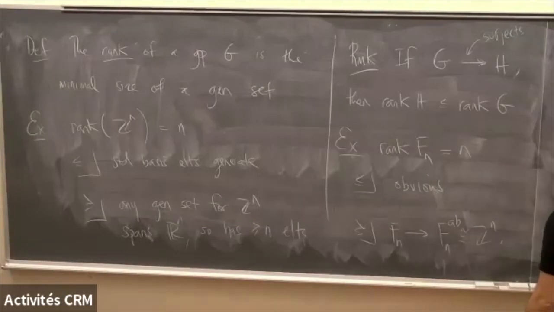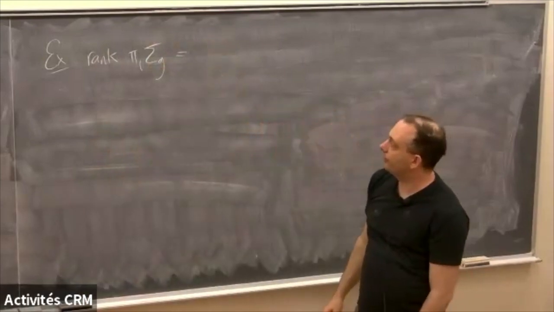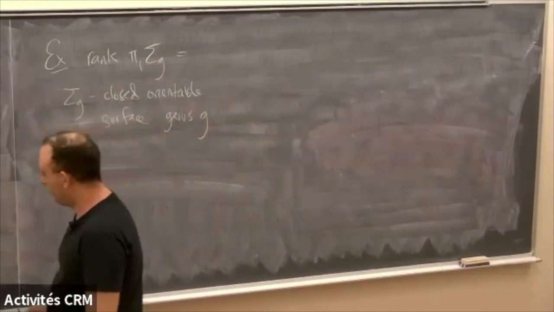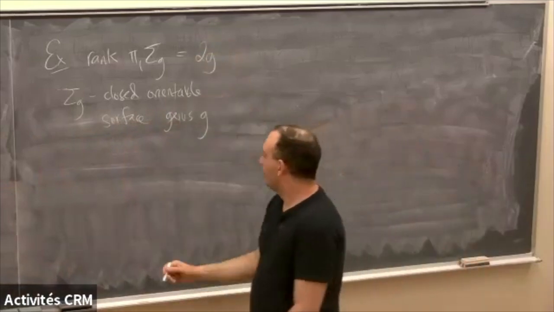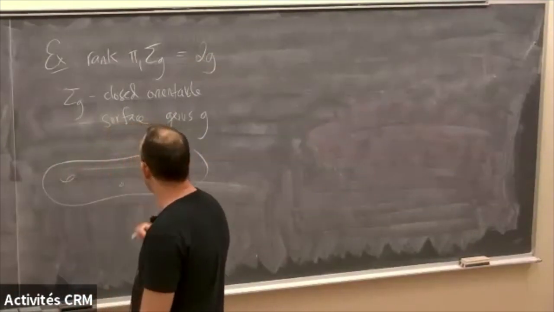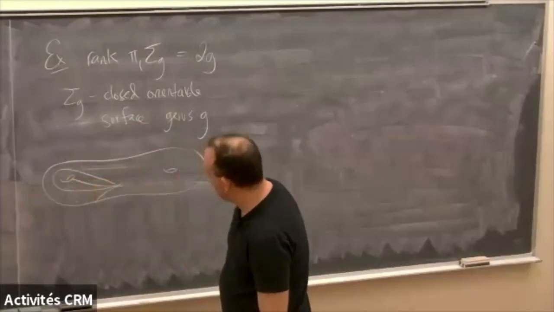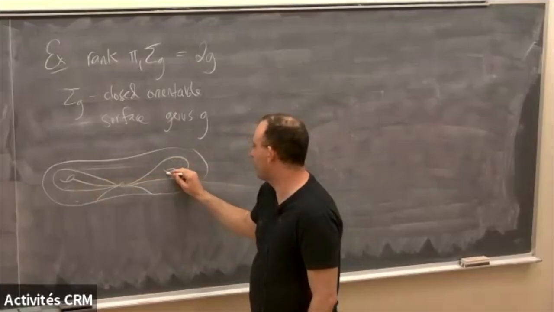All right, so for a second similar example, we could do the rank of a surface group. If I take Sigma_g to be a closed surface of genus g, the rank of its fundamental group is 2g. It's easy to generate the surface group by 2g loops: for each hole I add two loops, and that gives me a generating set.